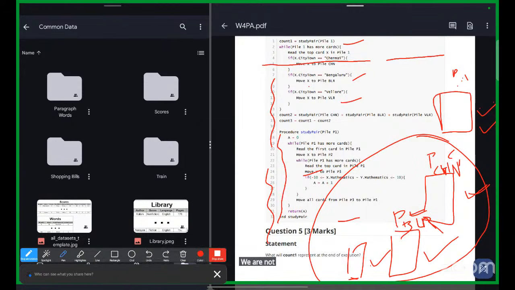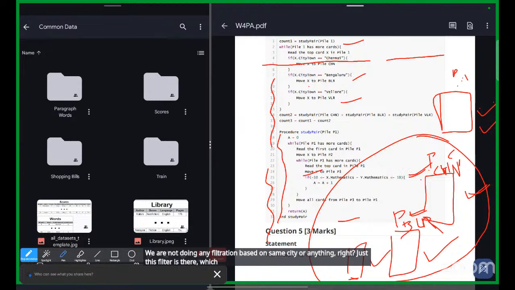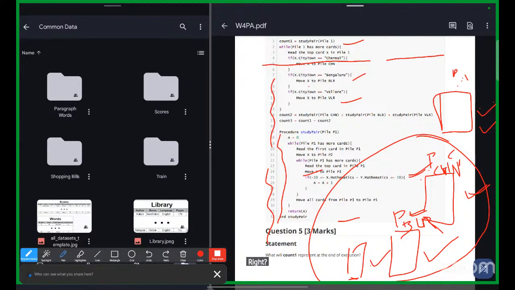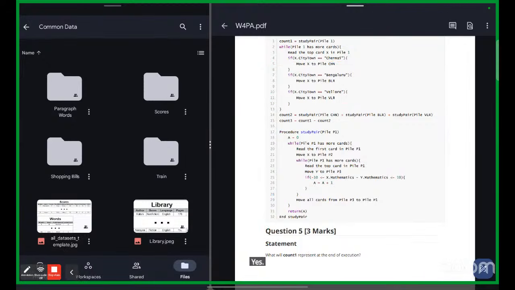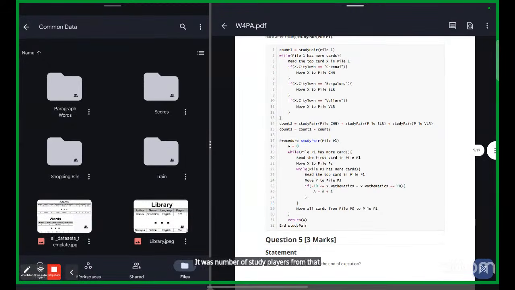We are not doing any filtration based on same city or anything. Just this filter is there, which is for marks, right? So in line 14, count 1 will be just the number of study pairs. But the while loop is in count 1, so it should represent that. Count 1 is different, no?